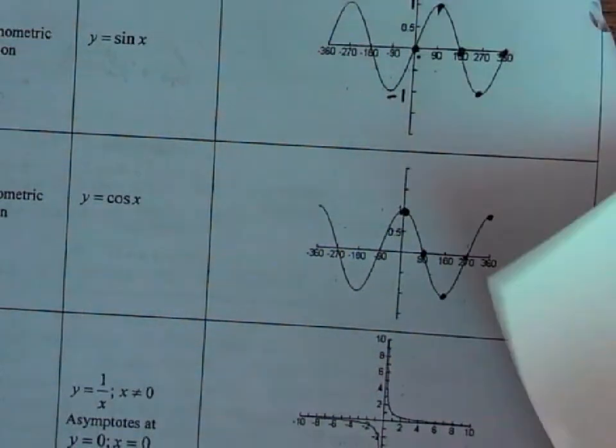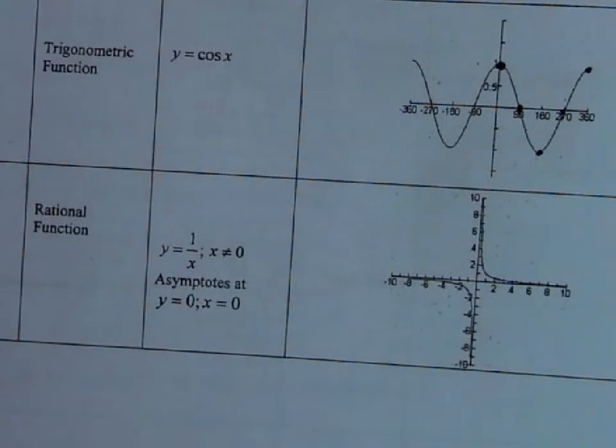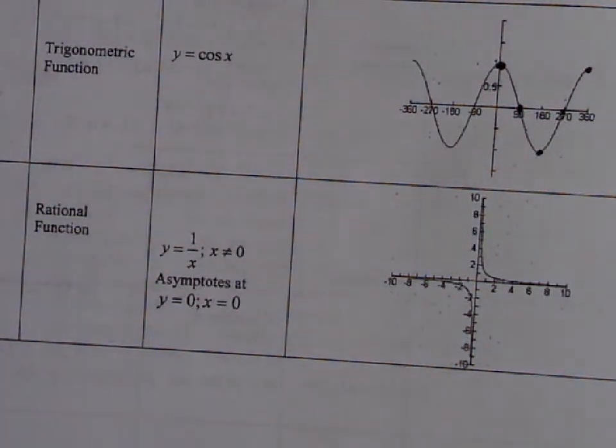Let's remember, those significant points happen every quarter period, and one period is 360 degrees divided by 4, which gives you 90 degrees. So every 90 degrees, if there is no change in period, you get a significant point. Those significant points are zeros, maxes and mins.